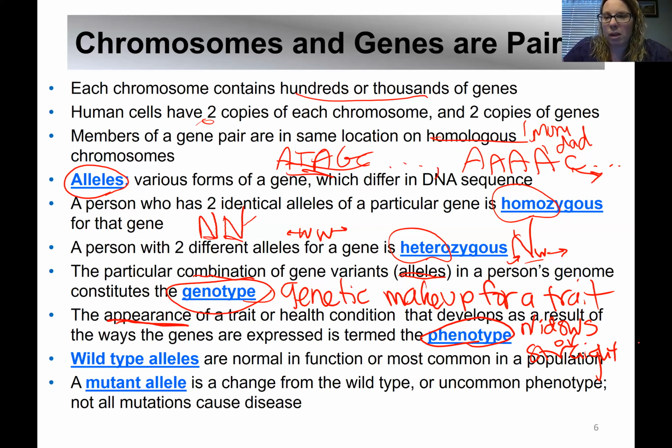Okay, so the appearance is the phenotype, the genetic makeup is the genotype. Then we have what are called wild type alleles, which are the most normal or most common in the population. And then there's mutant, and that's basically an allele that's very uncommon, and it may or may not cause a disease. Like we'll talk about here in a little bit, cystic fibrosis. The cystic fibrosis allele is not very common, luckily, and it would be called a mutant allele.